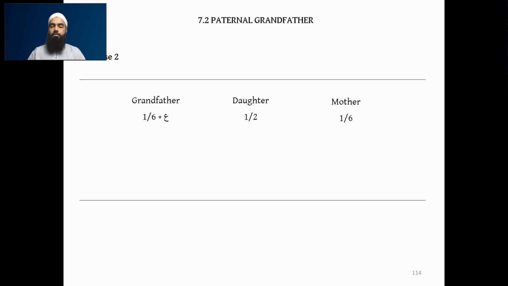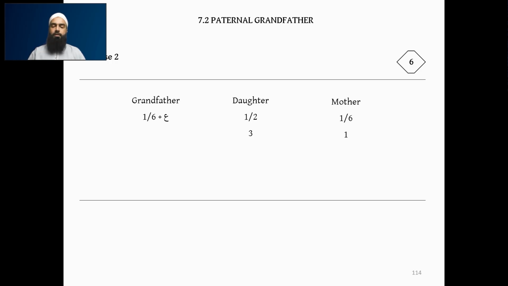We see there are 2 sets of fractions. Group 1 is the half, and group 2 is the 1/6. So we take the 2 out of the first group, and we times that by 3. So we end up with the divisor 6, and we give the mother her 1/6 share, which is 1, we give the daughter a half, which is 3, and we give the grandfather 1/6, which would be 1.